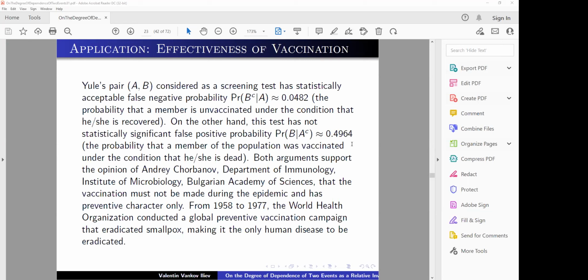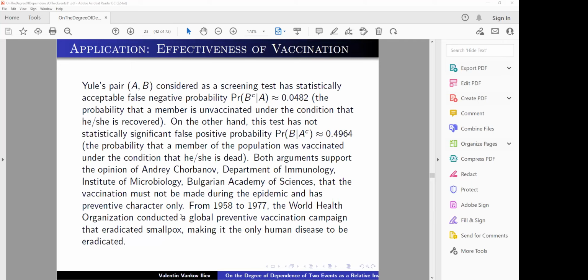And both arguments support the opinion of Andrei Ciurbanul, a professor at the Department of Immunology at the Institute of Microbiology in the Bulgarian Academy of Sciences, that vaccination must not be made during the epidemic and has preventive character only.